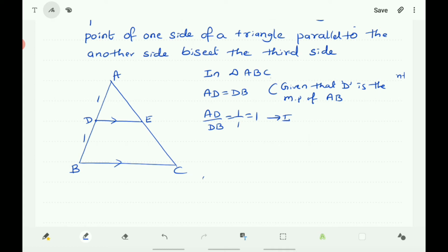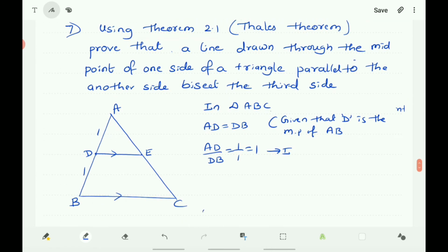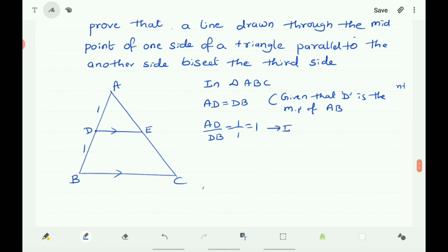and DE is parallel to BC means according to the Thales theorem, the line which is parallel to the side of the triangle divides the other two sides in the same ratio. So you can write, DE is parallel to BC. Therefore you can write what?